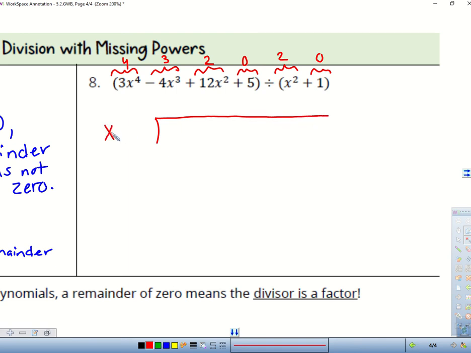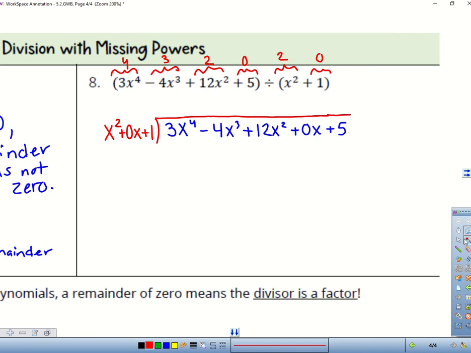So this is going to be x squared plus 0x plus 1. Good. And the inside? 3x to the 4th minus 4x to the 3rd plus 12x squared plus 0x plus 5. Good. So I'm glad you're understanding the placeholders.